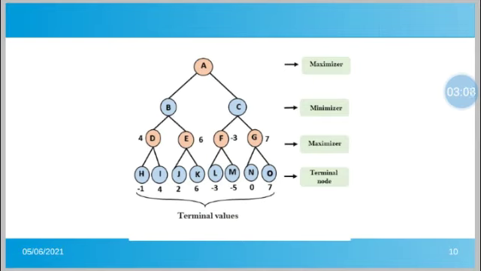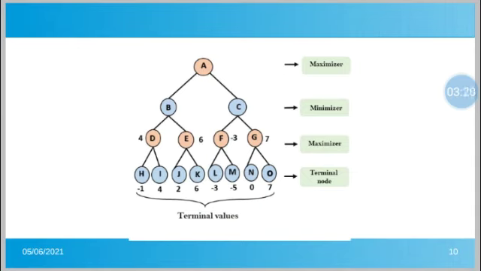Now at B and C, min will play, right? Min knows that if I choose D, 4 points will be added to max, and if I choose E, 6 points will be added to the account of max. So min will choose the minimum value from D and E, so it will choose 4.